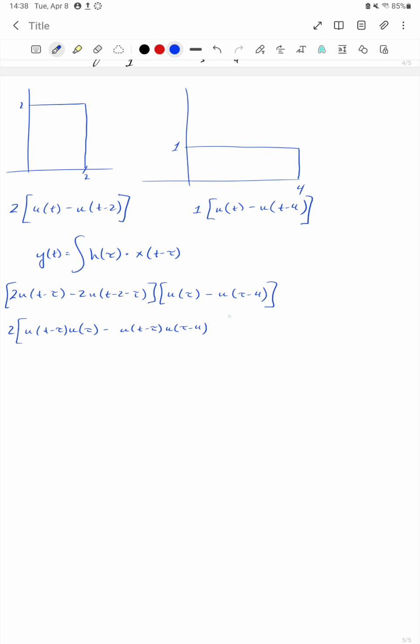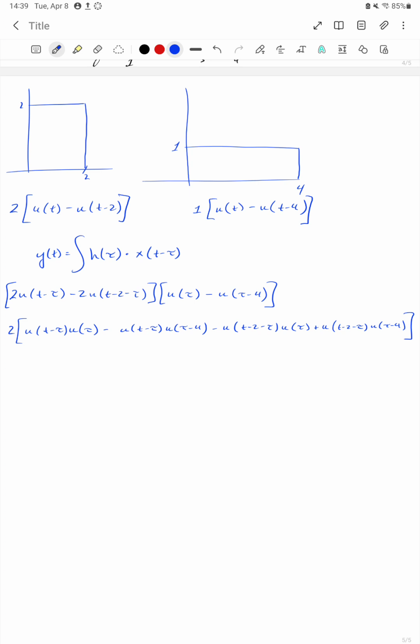Oh, I put the 2 in there even though I pulled the 2 out already. Minus u of t minus 2 minus tau, u of tau, plus u of t minus 2 minus tau, u of tau minus 4. Okay.